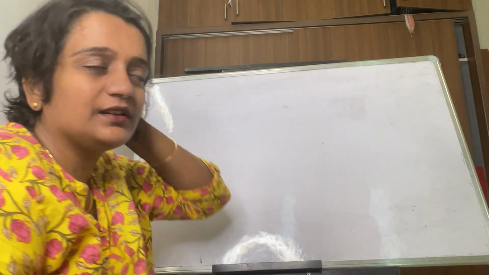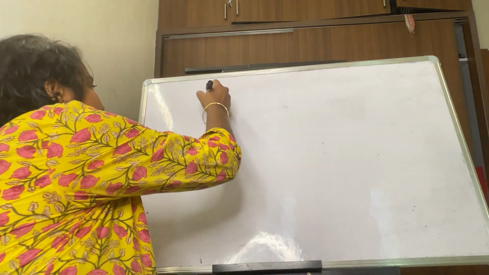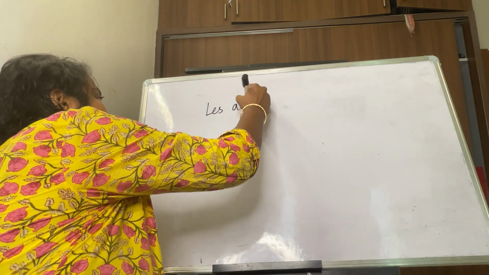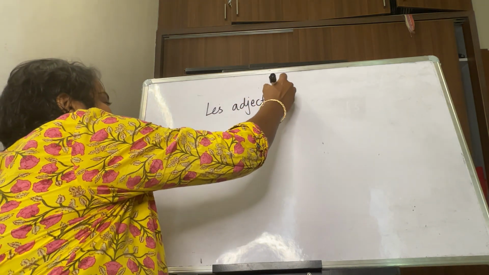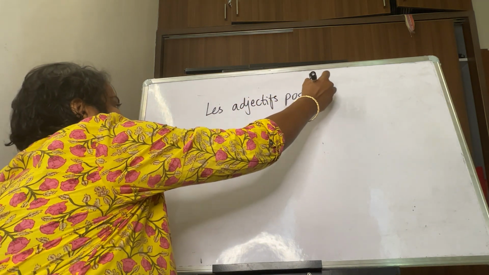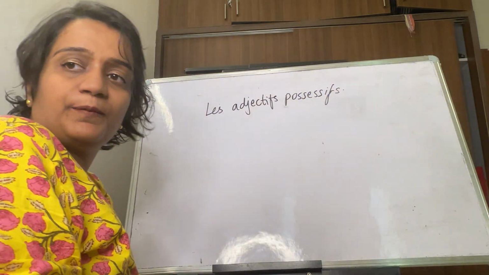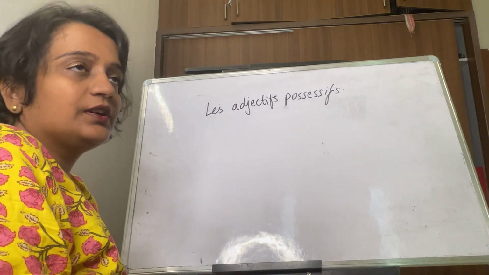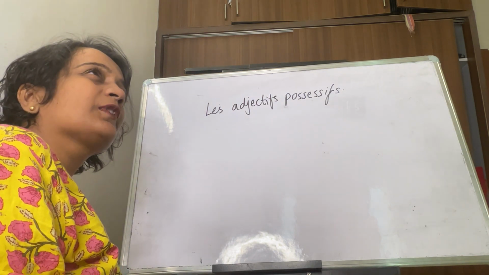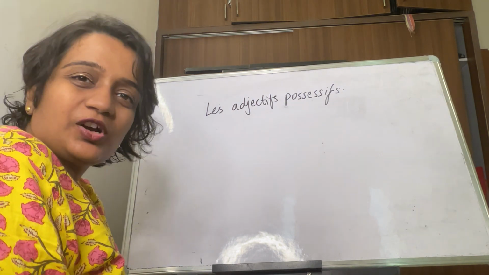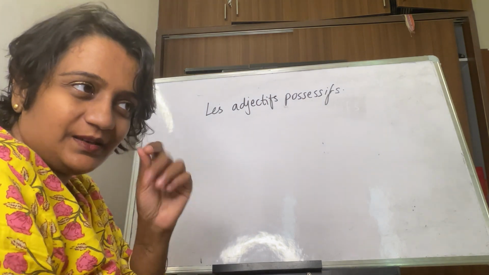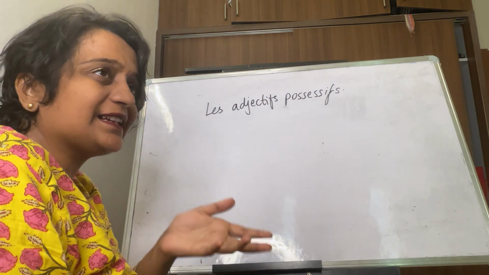So let's do the next topic. Les adjectifs possessifs. Okay, so maybe I should talk a little bit about adjectives. Give me a moment. Okay, so what is an adjective?